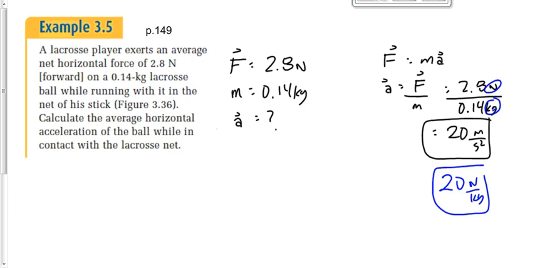If you had, instead of kilograms, you had grams, you could technically say newtons per gram for acceleration. I don't want you to do that though. Okay, if you have grams, I want you to convert to kilograms. And then once you convert to kilograms, by dividing by 1,000, you're going to have newtons per kilogram or meters per second squared.